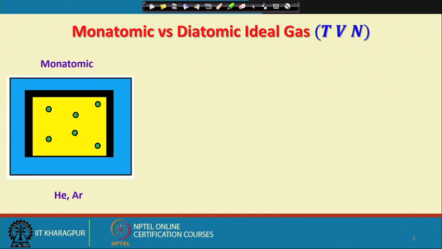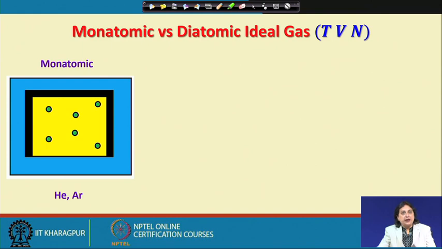So, this was the picture that we used for the monatomic ideal gas. Thermodynamically we would not know if it is a monatomic or a diatomic ideal gas in terms of the macroscopic states that you see, that are T, V or N.